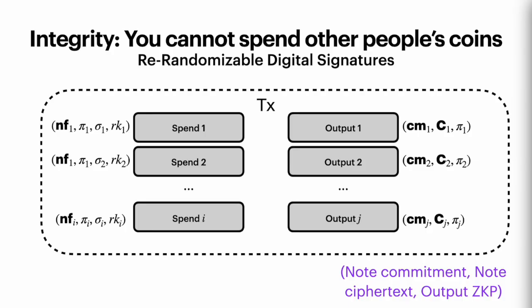So now we're going to provide a digital signature, sigma, and we're also going to provide RK, the randomized key that was used to create that signature.